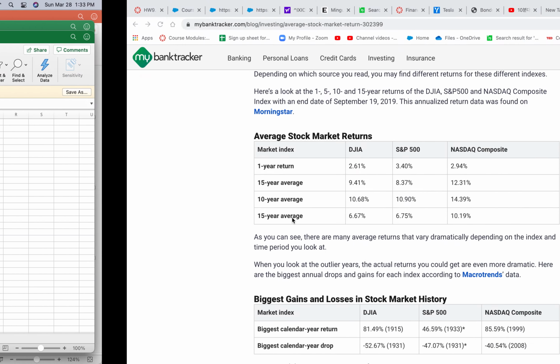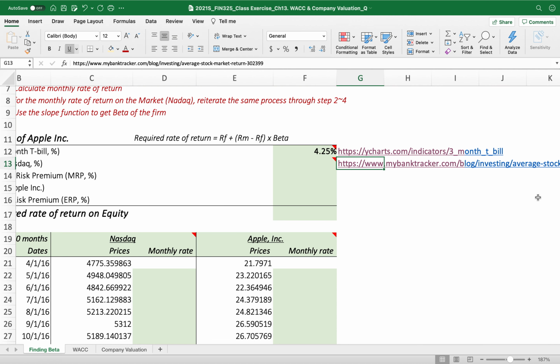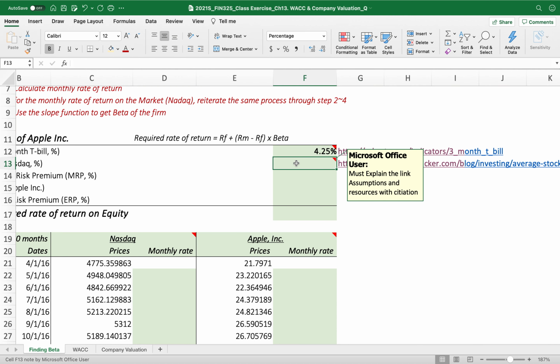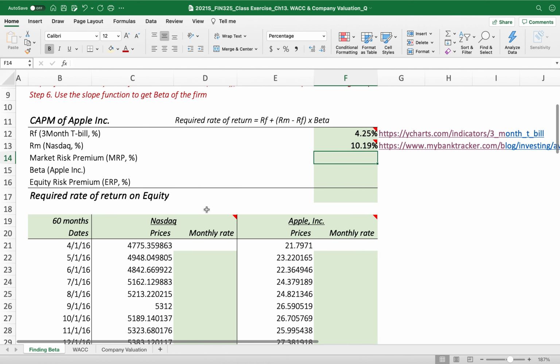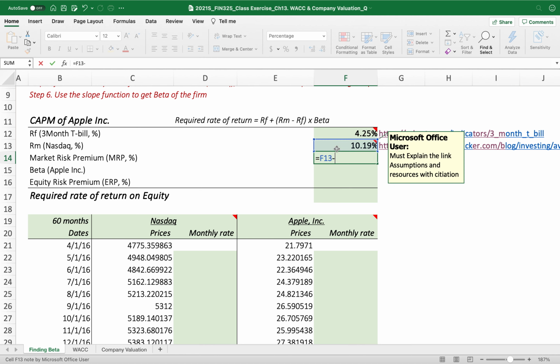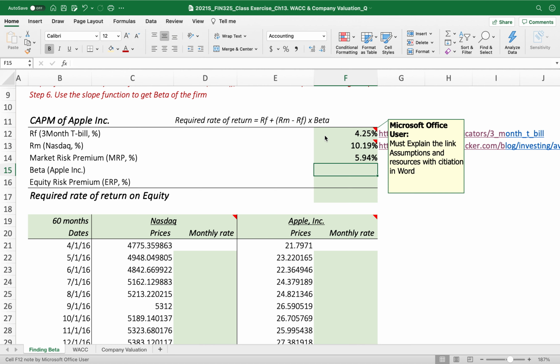Okay, let's just use it. As long as you explain where you got it, you can put the number there. But you must explain where you got it. Then the market risk premium. What is the market risk premium? Right, the market risk premium is RM minus RF. So 10% minus 4%, and the market risk premium is 5.94.